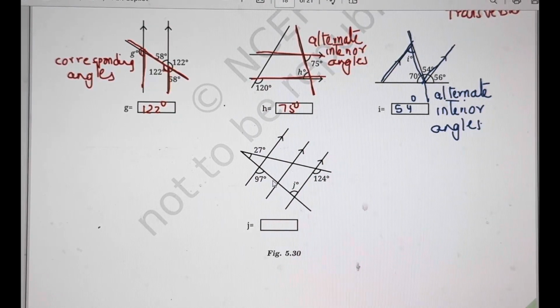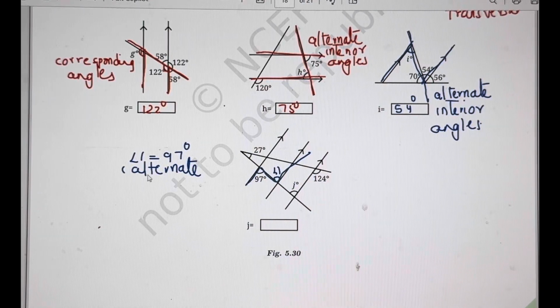So if we give this name as angle 1, suppose, you can see a Z being formed over here. So angle 1 is equal to 97 degree. Both are alternate interior angles. Okay.